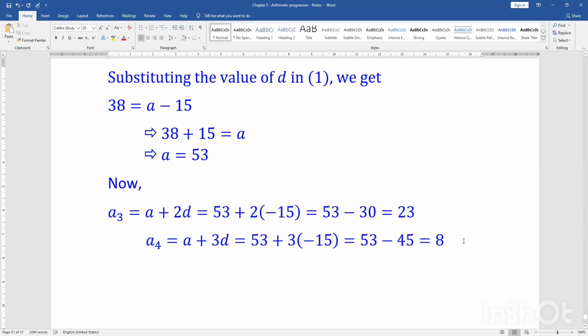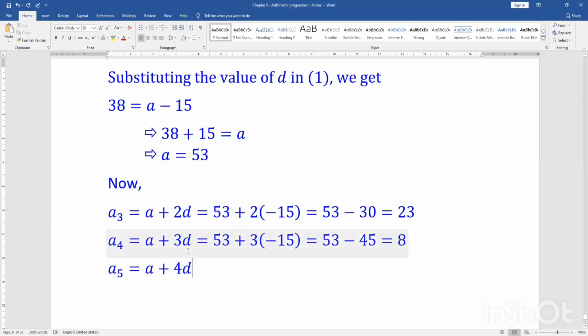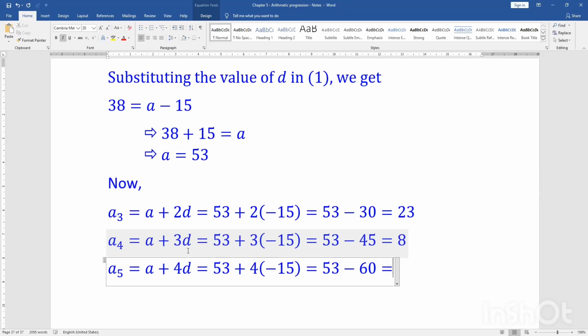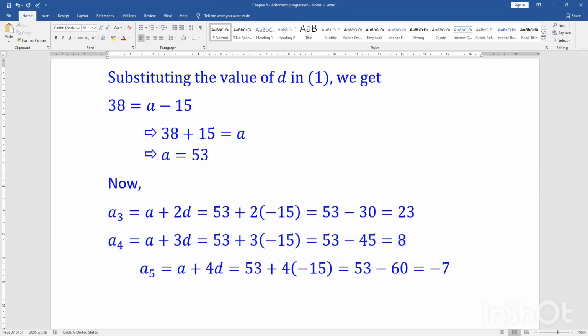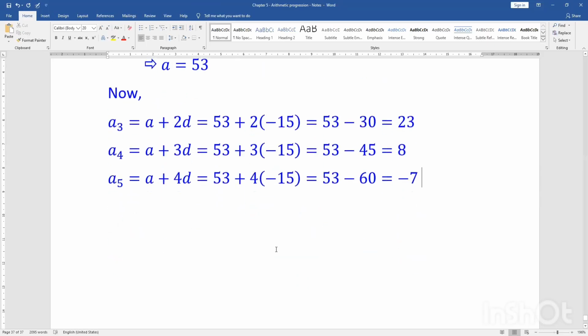Then we have A5. A5 is nothing but A plus 4D, which is 53 plus 4 into minus 15, which is 53 minus 60, or nothing but minus 7. Right, children? So this way we get the remaining terms.